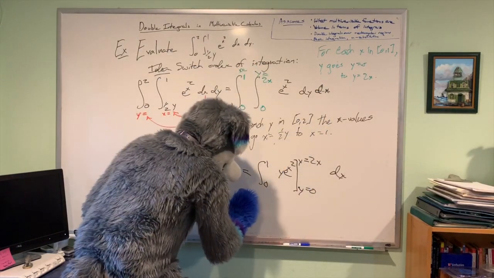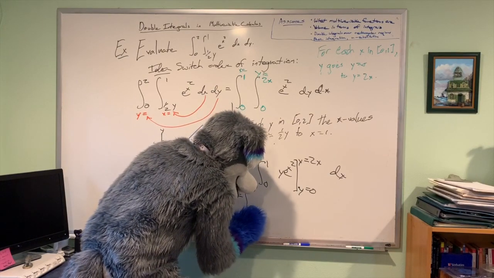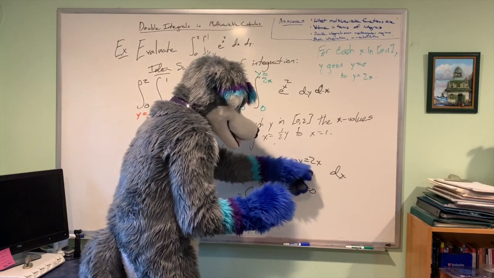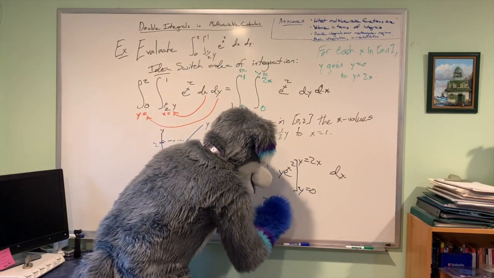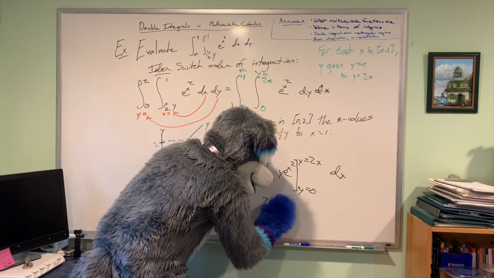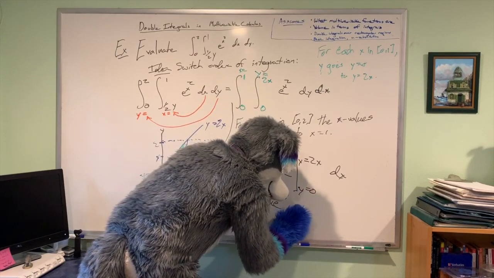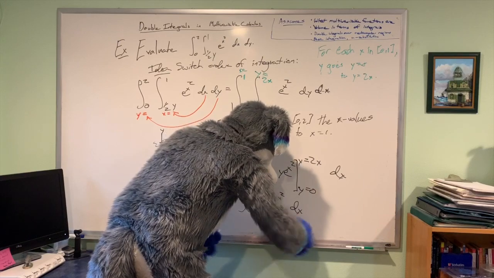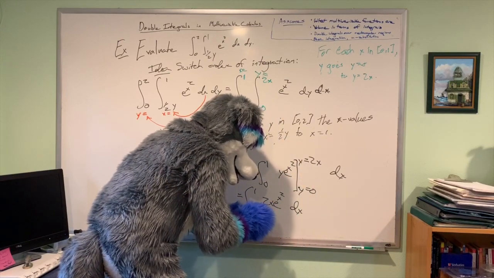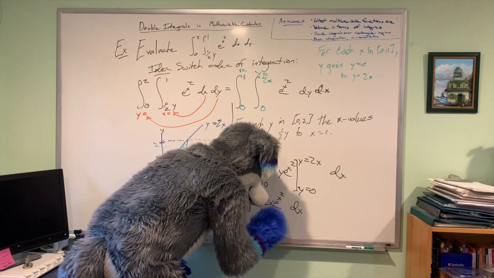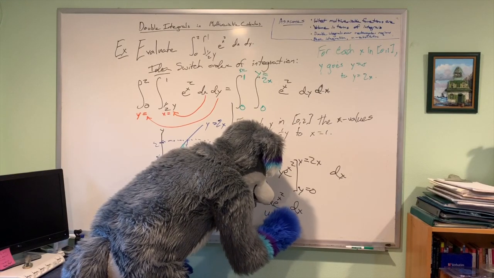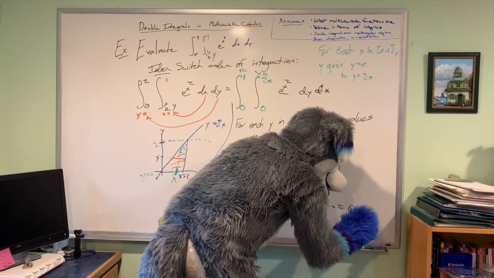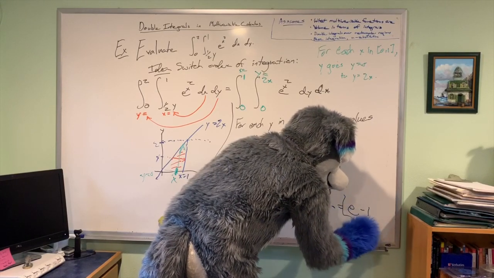Then you plug those in, and if you plug in 0, you get nothing. So you've just got 2x e to the x squared dx. That's a basic u substitution, right? You would use the substitution u equals x squared and you get e minus 1 as your answer.